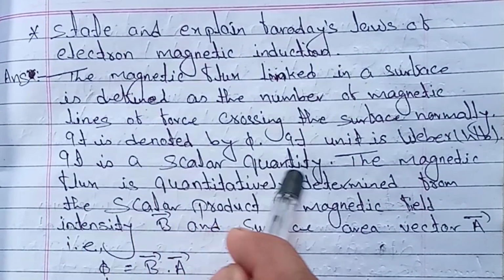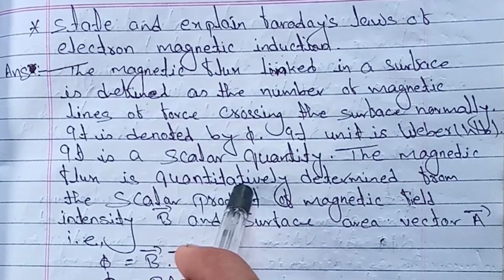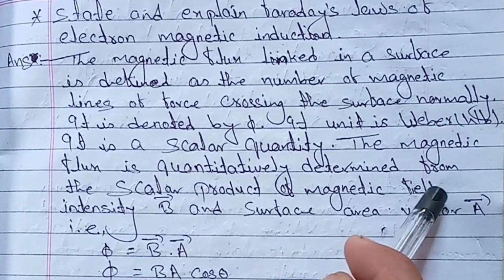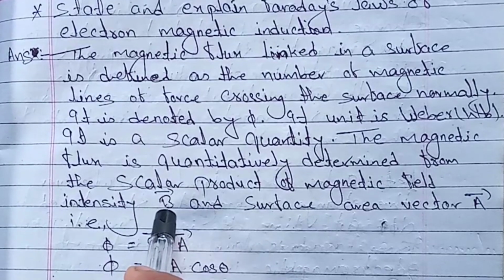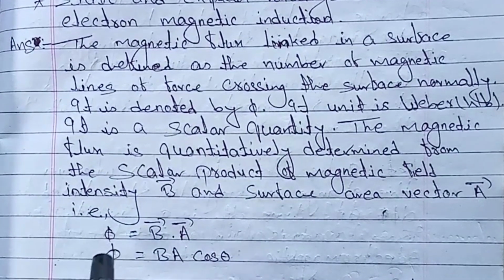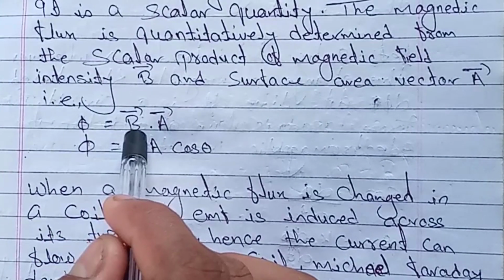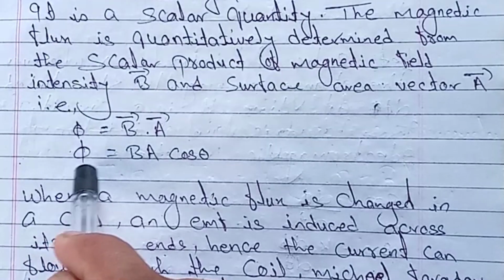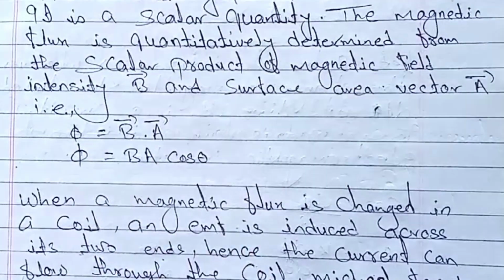It is a scalar quantity. The magnetic flux is quantitatively determined from the scalar product of the magnetic field vector B and the surface area vector A, that is φ is equal to B vector dot A vector. So φ is equal to BA cos θ.